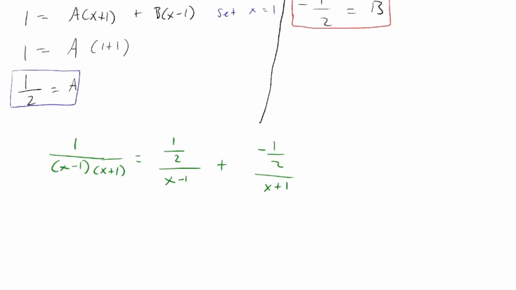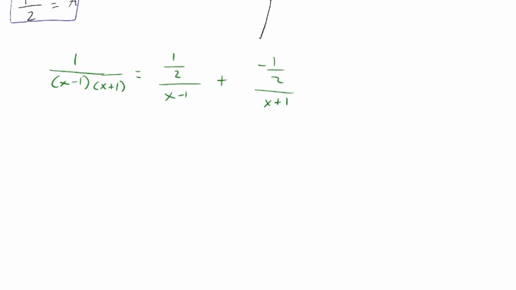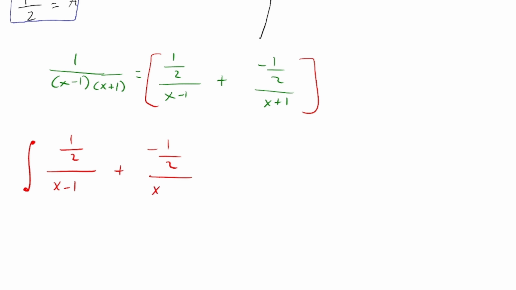So how are we going to simplify this? Let's actually integrate this one. I'm going to put this in red. We're taking the integral of half over x minus 1 plus negative half over x plus 1.